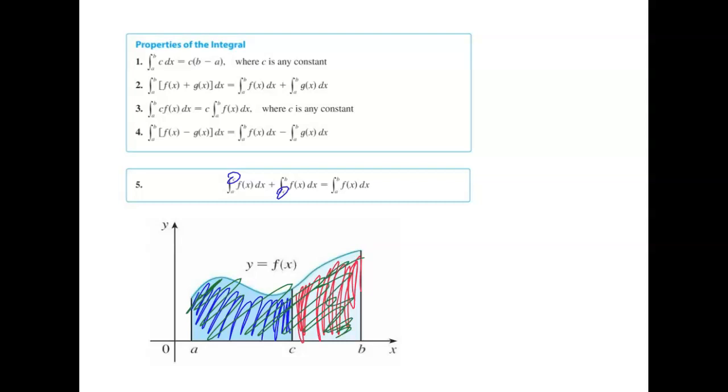So you can condense it into a single integral, okay? The first one goes from a to c, and the second one goes from c to b. For the second one, this is c, and then on top is b. The upper limit is b.